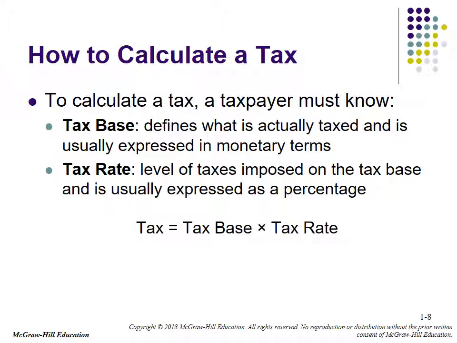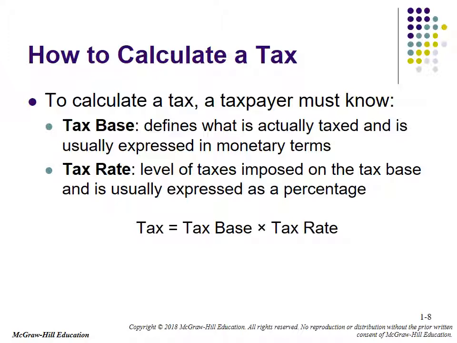And you could think of this, a common thing that we all have to deal with is sales tax. The tax base is how much you're being charged for a particular item. Let's say you're in Pennsylvania and you buy a purse. Purses are taxed, sales tax in Pennsylvania. You buy it for $50. Well, the tax base is $50.